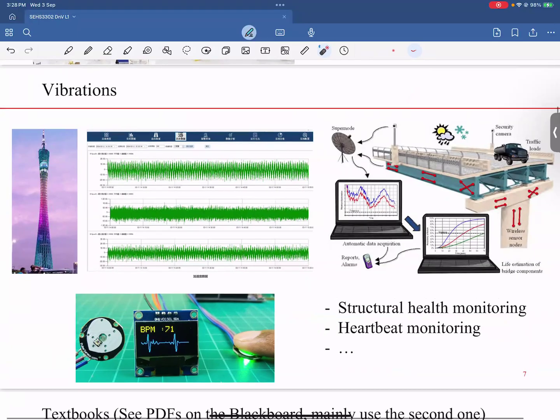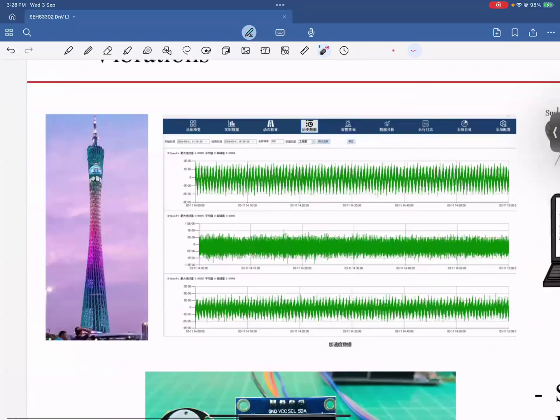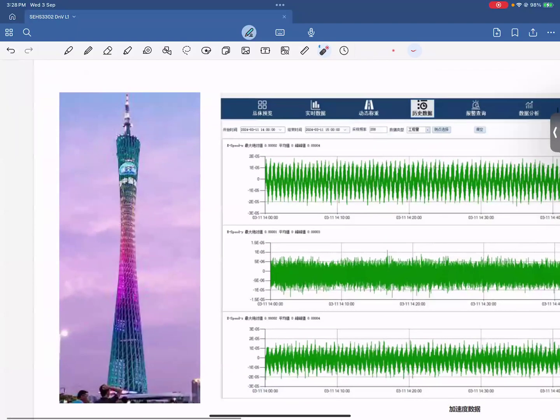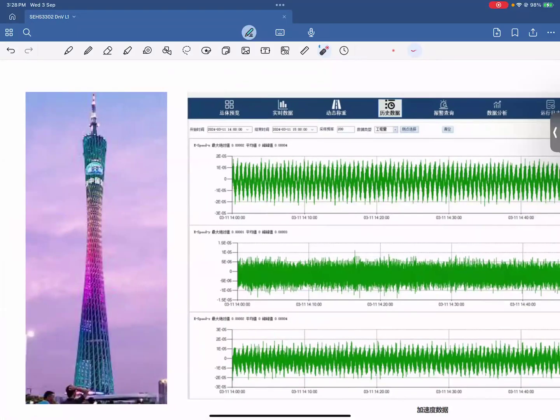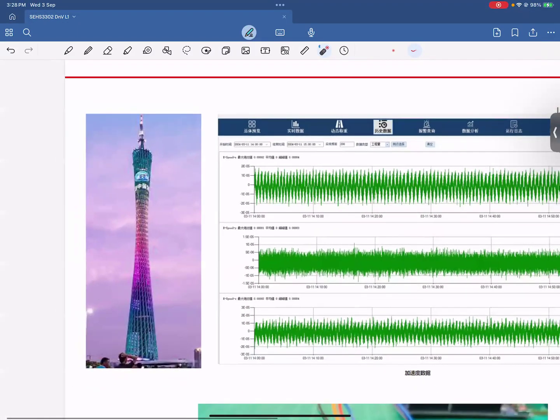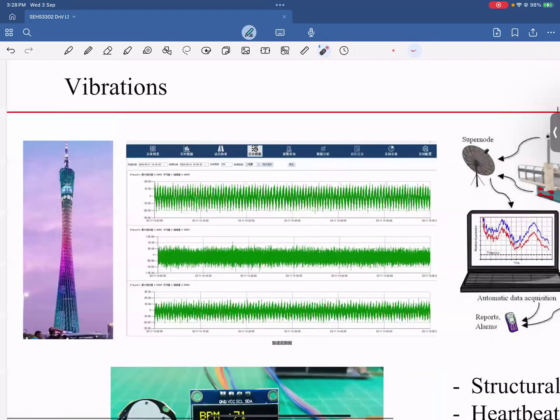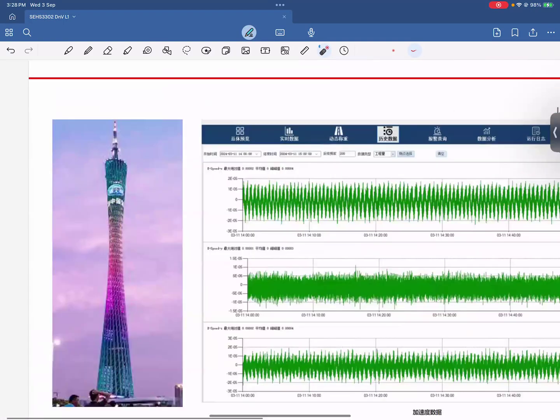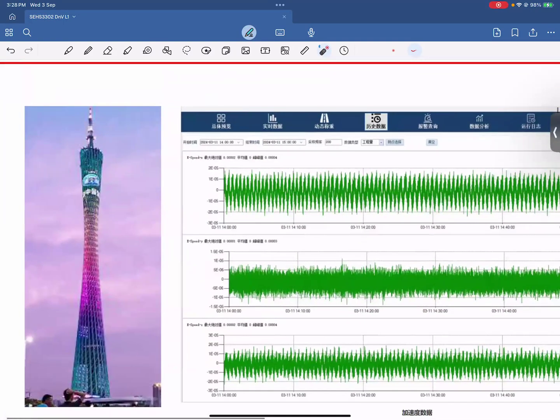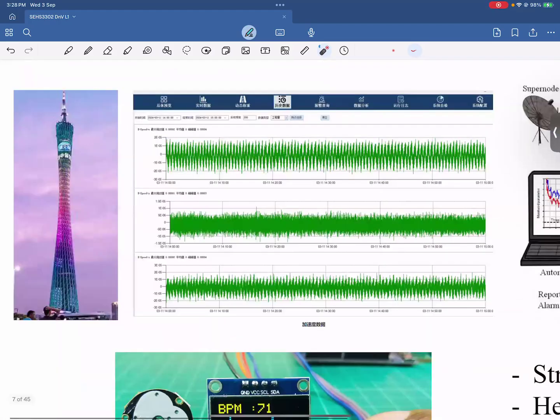This is the Guangzhou Tower. Last year I went there, and I saw the control room of that tower. It's a very big plant to control the vibration, and you can see the observation of this tower's wave.